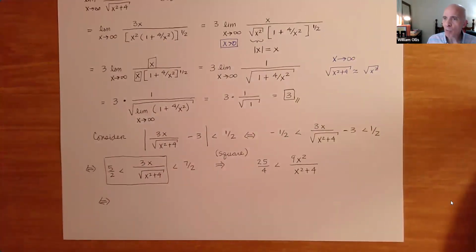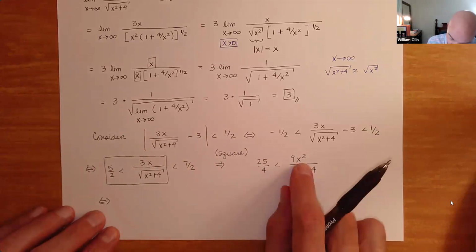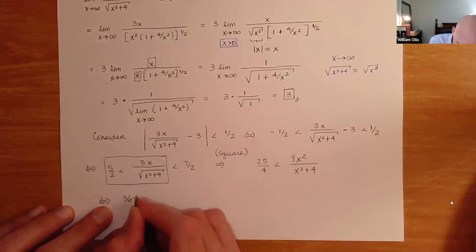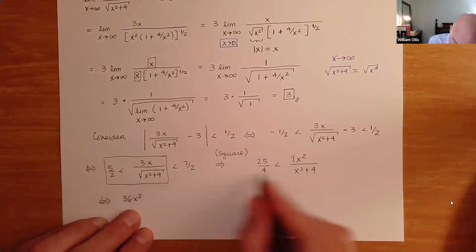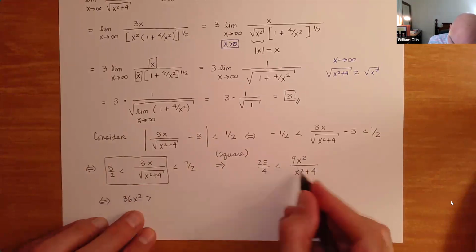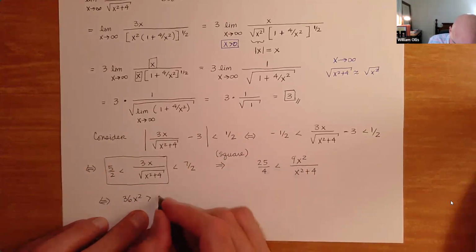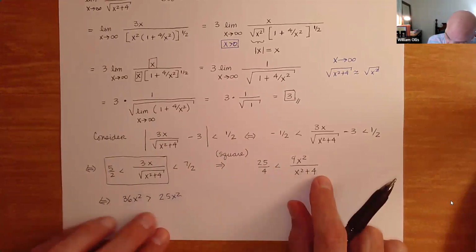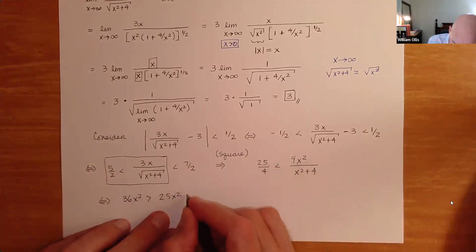And so whatever number you come up with, as long as you get it legitimately, you will be fine. So let's go ahead and cross multiply. So we get a 36x squared, and then we have greater than, and of course, this will give us a 25x squared. And then, of course, we get a 100, 4 times 25.